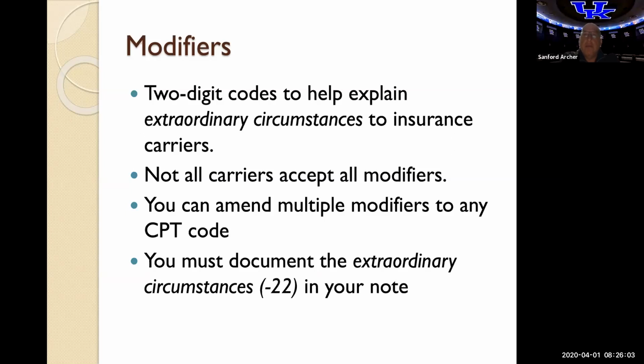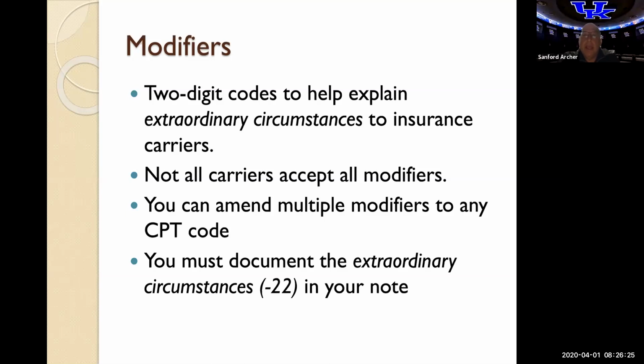So if you've got a procedure that you perform that's unusually difficult, a 22 modifier is the extraordinary circumstance with an unusually difficult procedure, which you have to document. And then if it's a bilateral procedure, then you can add a 50 modifier that'll indicate you did that on both sides. Now you need to be able to document that that was unusual and difficult.